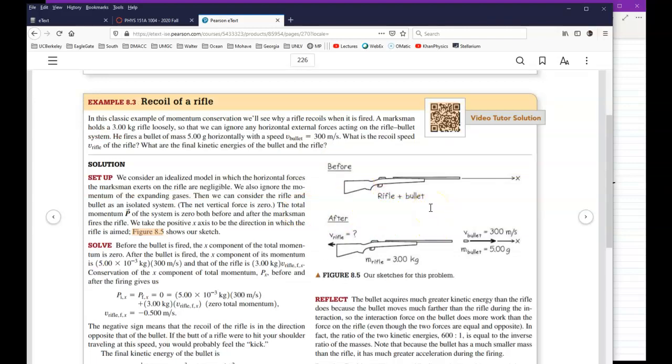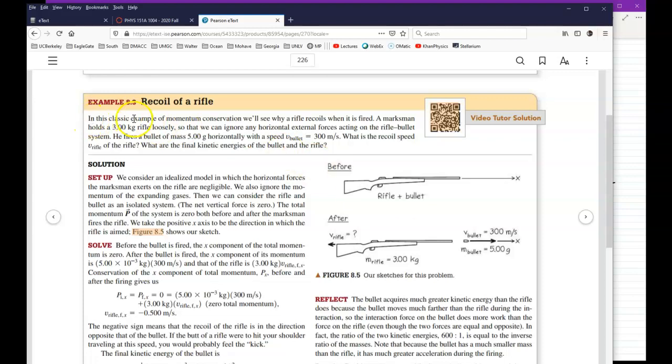I don't know how many of you have ever shot a rifle, but if you pull the trigger, the rifle will recoil and hit your shoulder as the bullet comes out. The question is, which one is faster, the speed of the bullet or the speed of the recoil of the rifle?